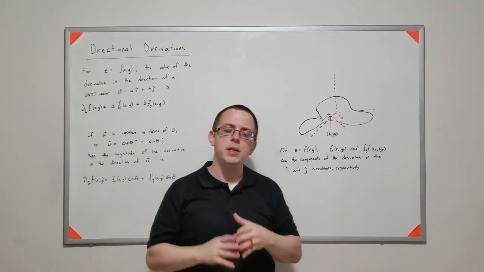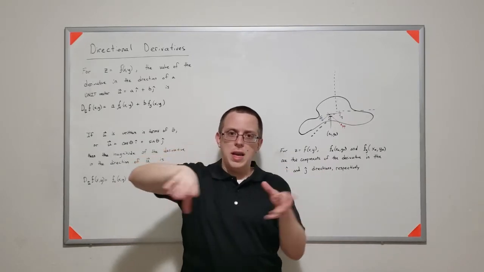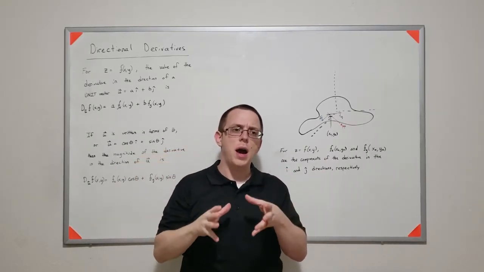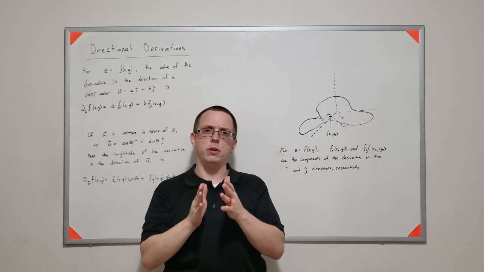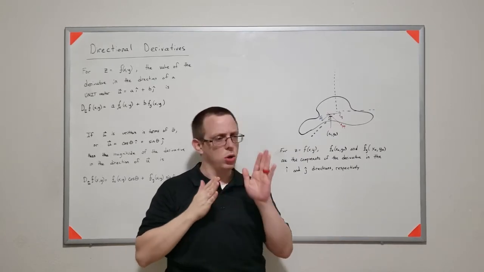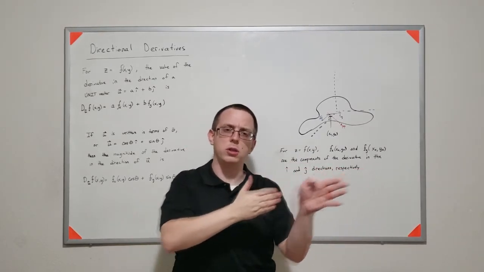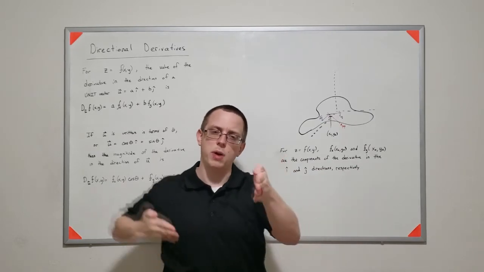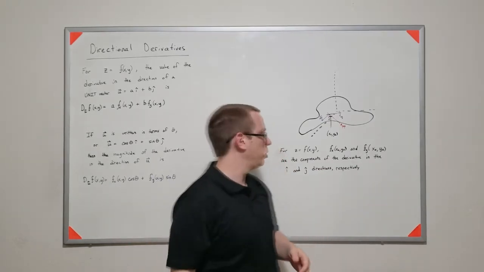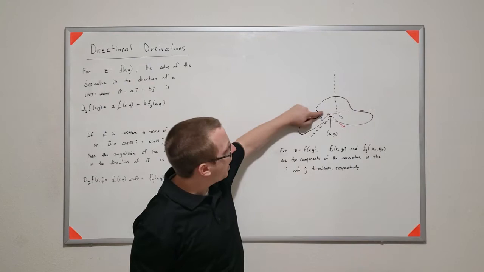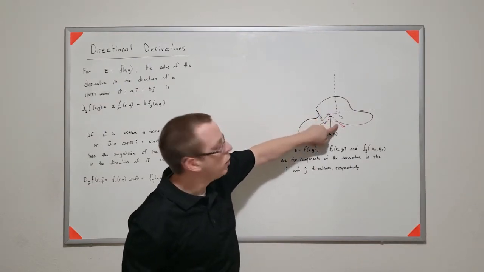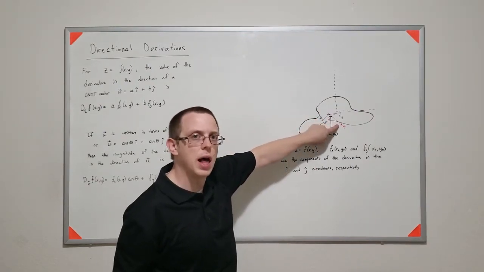But the problem is that I can go in any direction on a surface, so how do I describe a derivative, or at least its value, along a particular direction, as opposed to just going in the x direction or just going in the y direction? Effectively, how do I find the value of the derivative along that red line there?